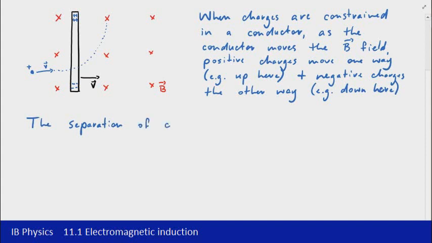So the separation of charges in that conductor, or between the ends of the conductor, establishes a potential difference.